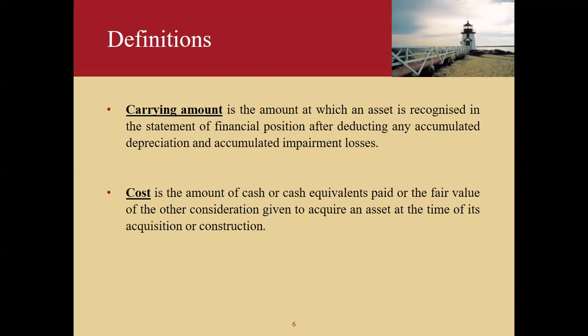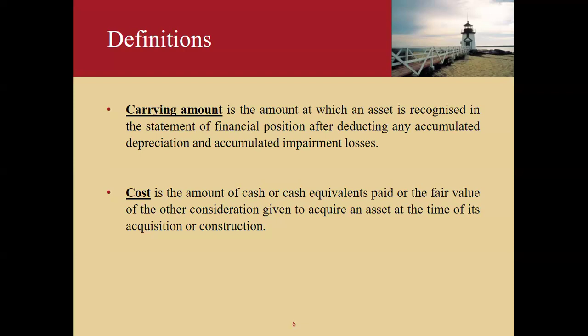Though in some scenarios, I may not pay cash, I may give a cash equivalent. So the amount that cash equivalent is estimated to be is the cost, or the fair value of whatever consideration.